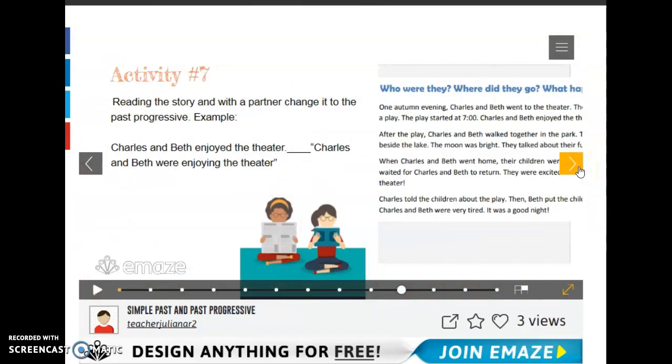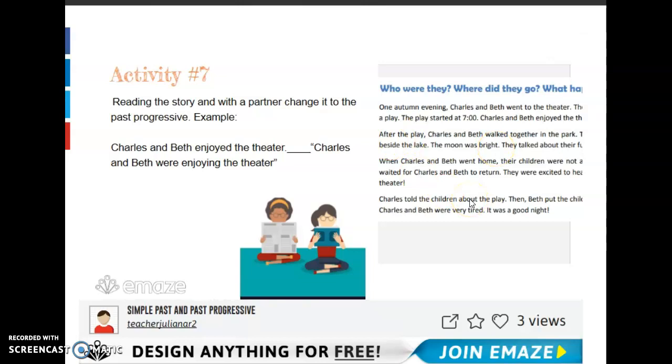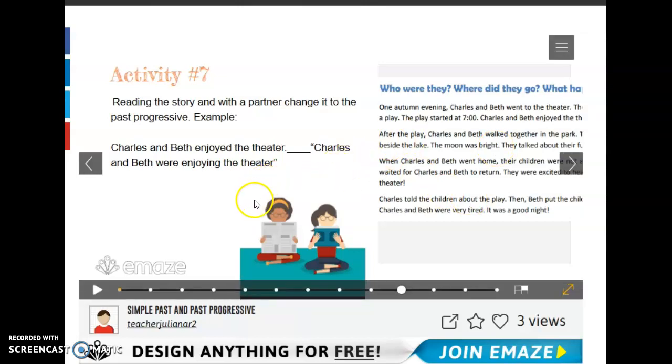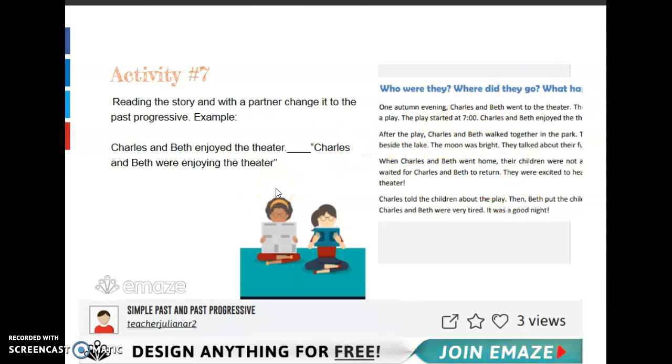Activity number 7 is about the reading skill. The student must read this story. This story is in simple past, and the students must change the story to past progressive.